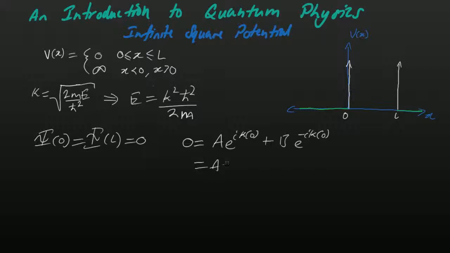So that equals A plus B. I'm going to rearrange this so that B equals minus A. Now we'll look at the other boundary. Just say 0 equals A e to the iKL, and now I'll substitute in what B equals here. So it's minus A e to the minus iKL.